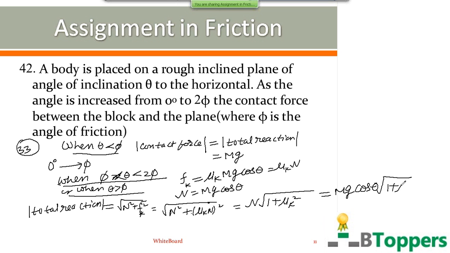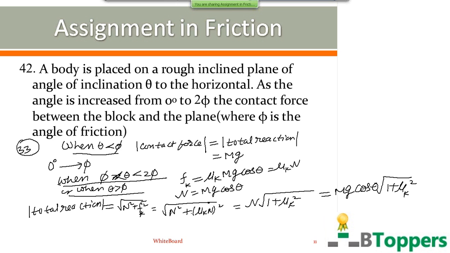So when the angle of inclination of the inclined plane to the horizontal is more than the angle of friction between the two surfaces, the magnitude of the total reaction force on the block by the inclined plane during the motion down the rough inclined plane is equal to mg cos theta times the root of 1 plus μk squared.